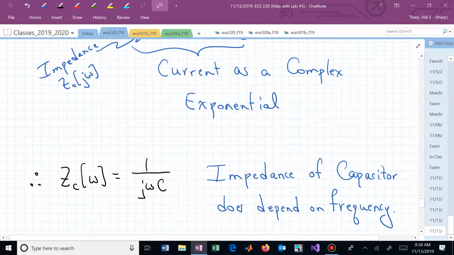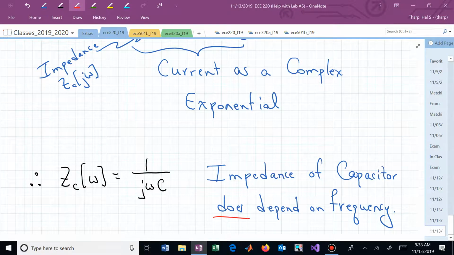And hopefully this now convinces you that this impedance, due to the capacitor, does depend on frequency. You change the frequency f, or omega equals 2 pi f, you're going to change the impedance, and it's actually complex. We have a j in there. It's not just a magnitude. It's a magnitude at an angle.